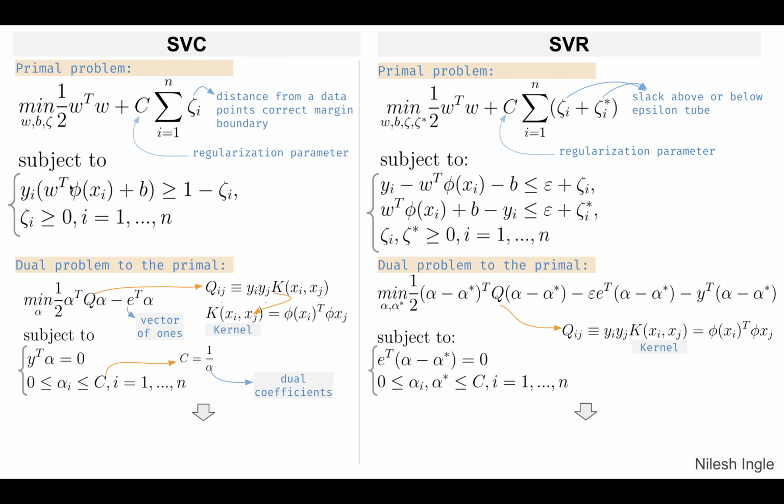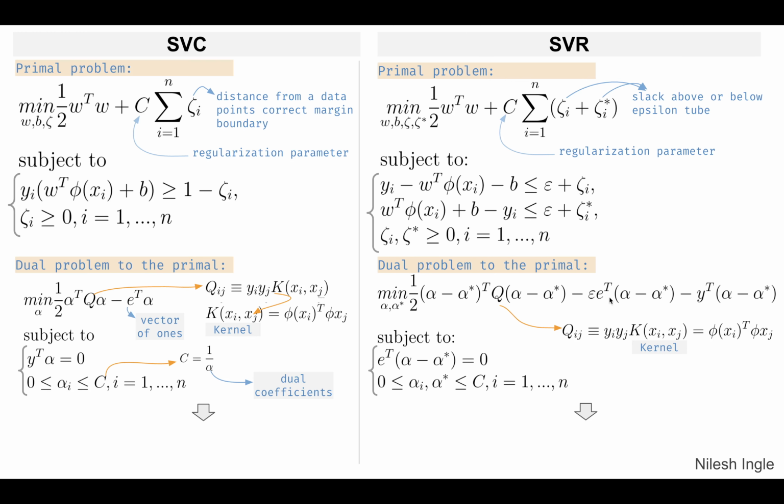And so that can be reduced to this particular minimization problem, which is alpha transpose Q alpha minus e transpose alpha. Here alpha represents the dual coefficients for the data points, and Q is the kernel as shown here.